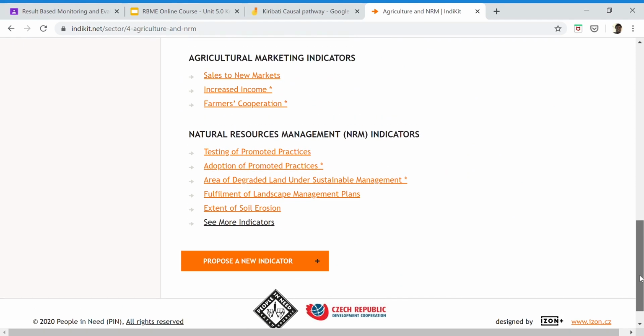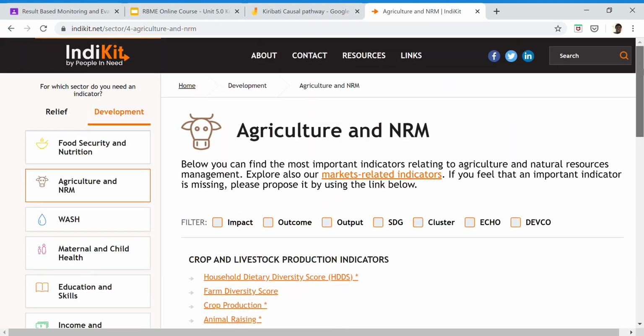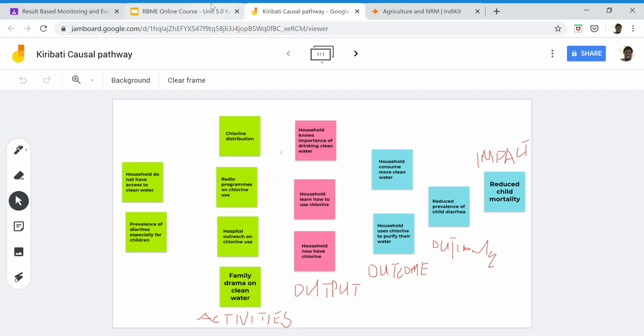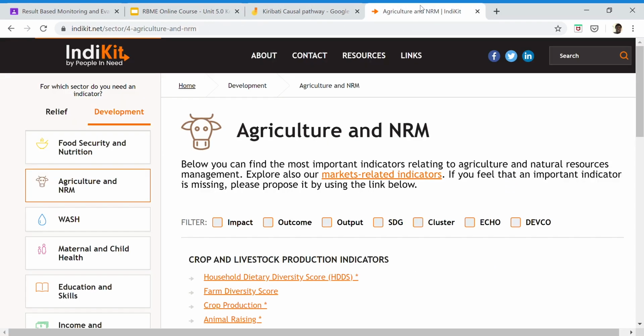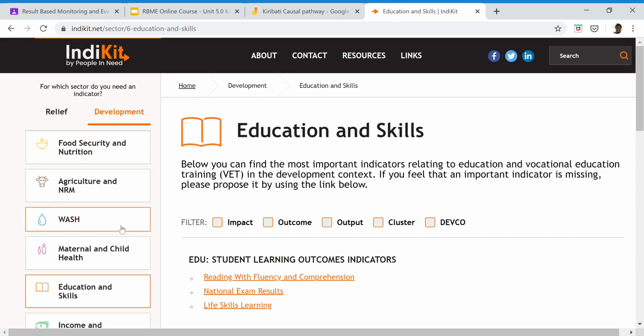It was developed by the Czech Republic Development Corporation. I find it useful in some sense. Localizing it now becomes a challenge, but you can get a grasp of several indicators for several thematic areas at indicate.net.